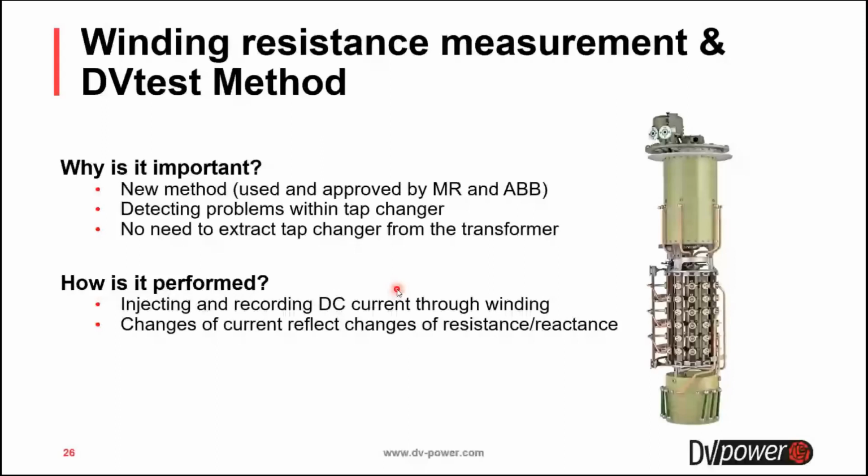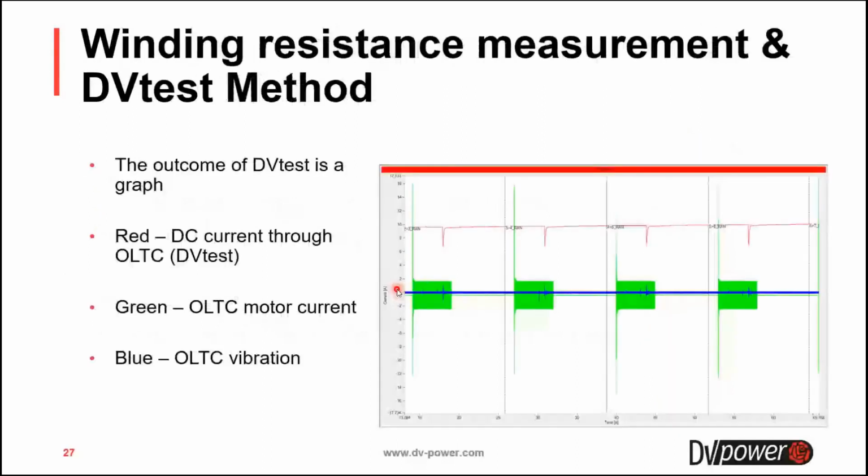How is it performed? We inject current and record DC current to the winding through all operations of the OLTC. Change of current reflects change of resistance and reactance. In this slide, the outcome result of the DV test is this graph.